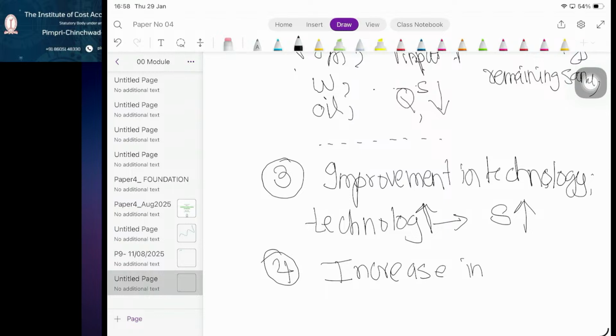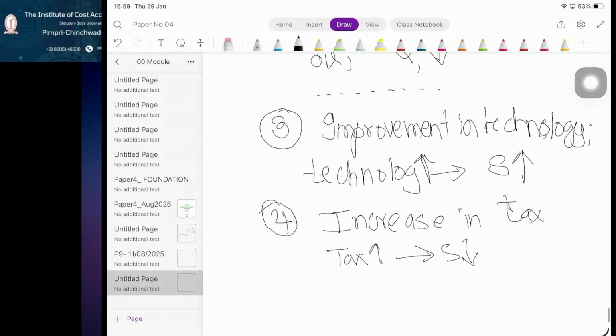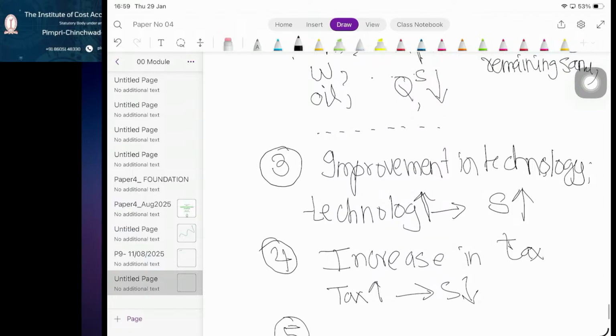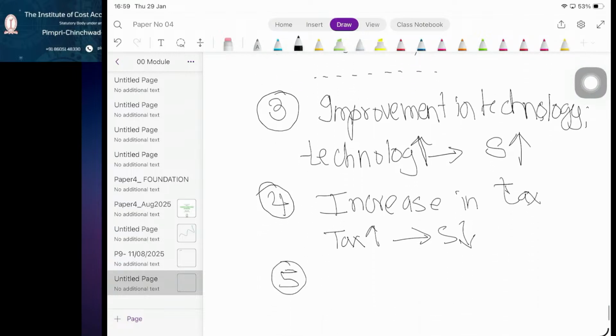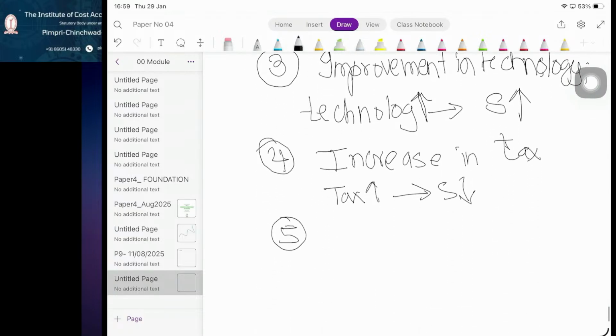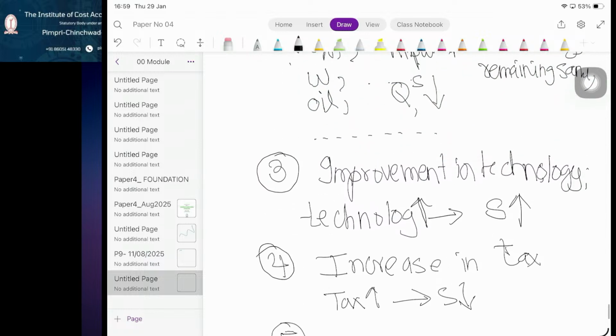Very good. Tax goes up, it will tend to decrease supply. Generally, the more time available, the greater will be the supply.